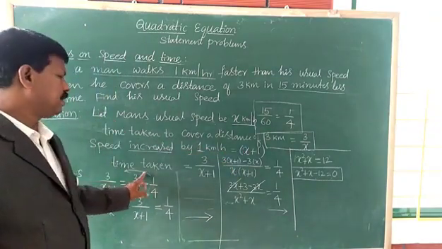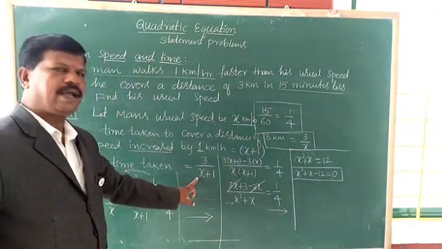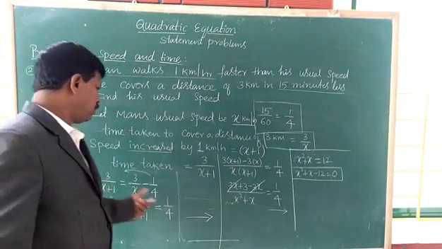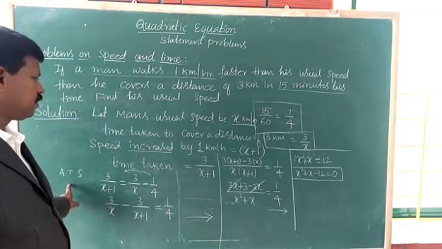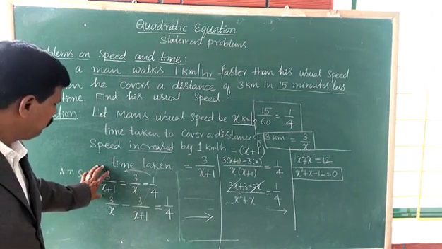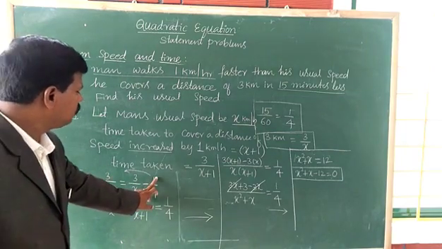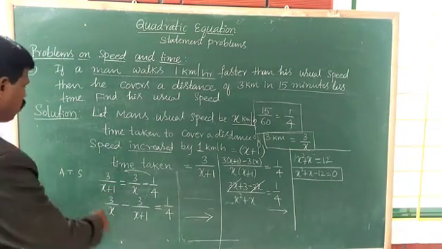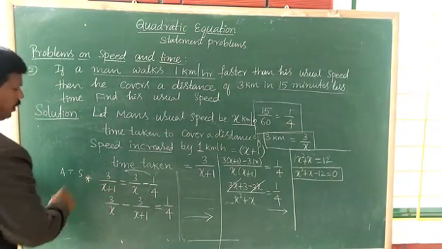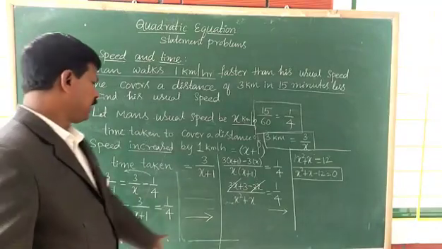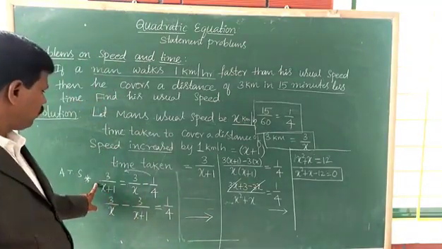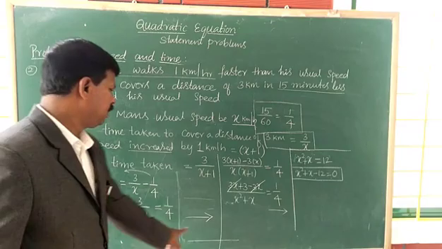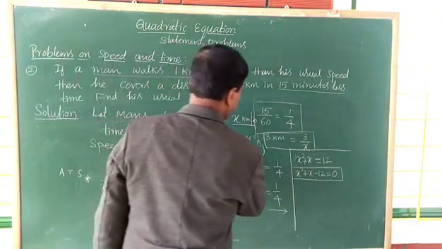Then time taken is equal to 3 by x plus 1. So according to the statement, this time is 15 minutes less than this time. This statement is very important. Then simplification. So look at this. After this, you should write this. Then coming to here.